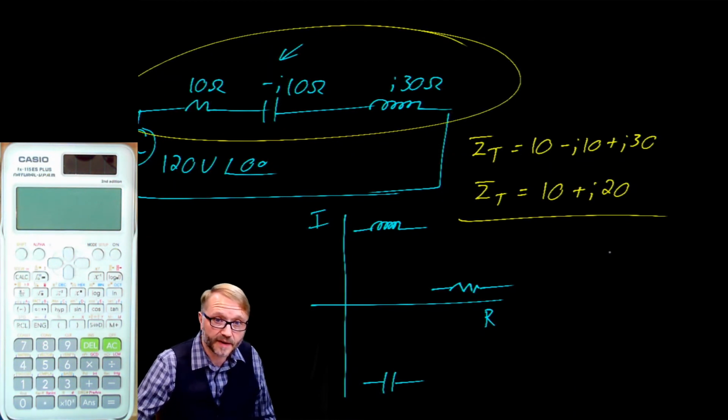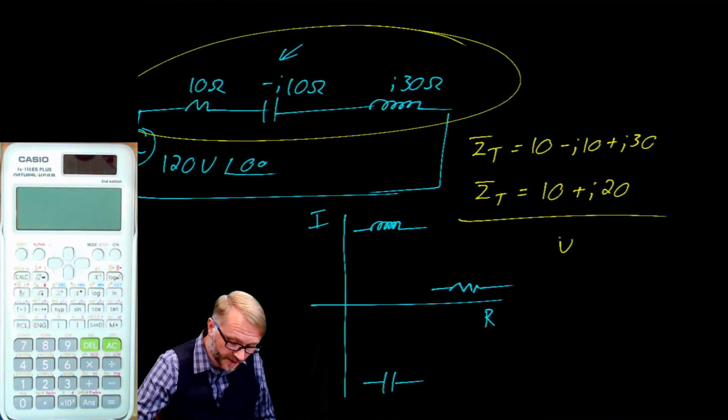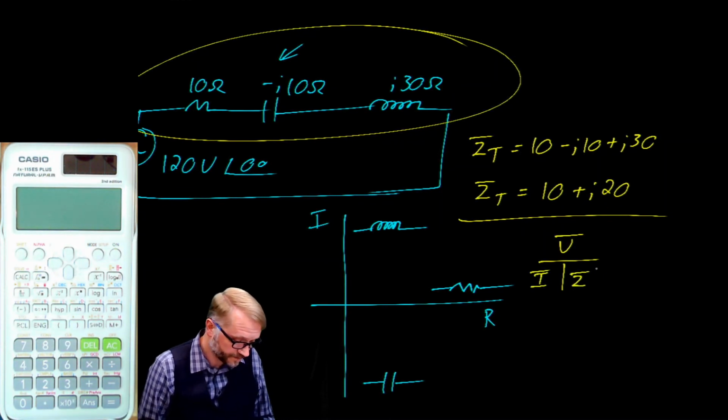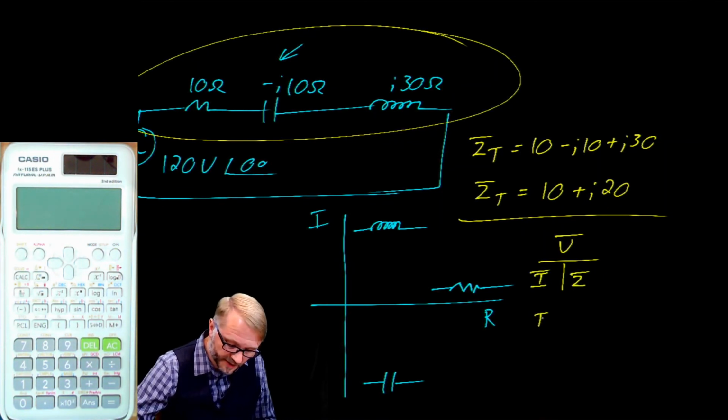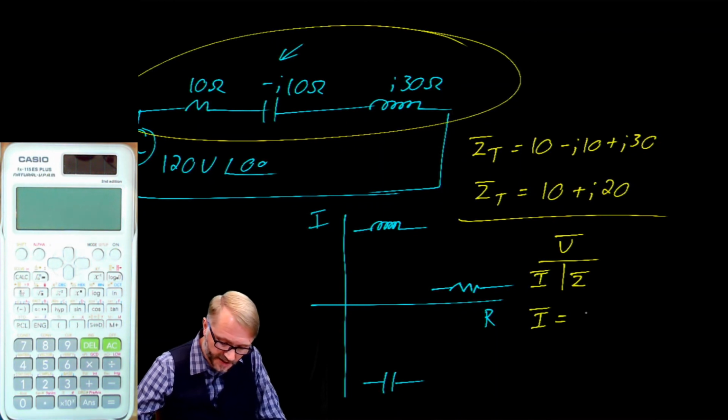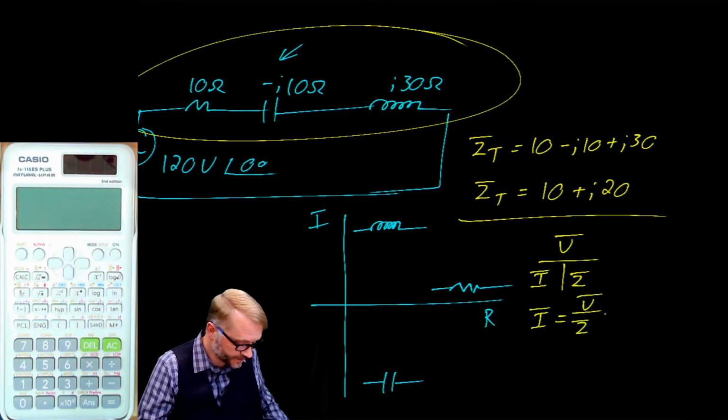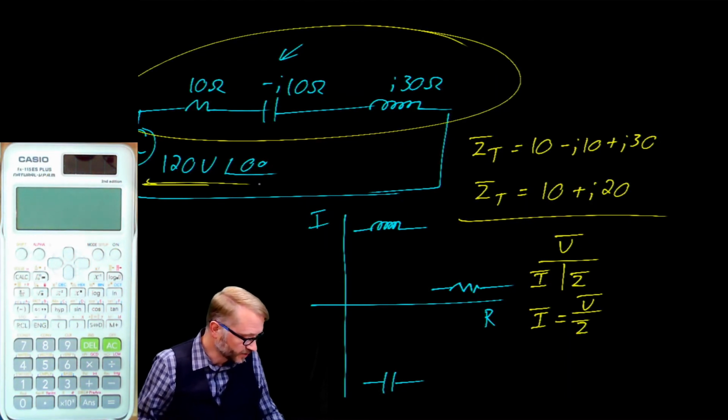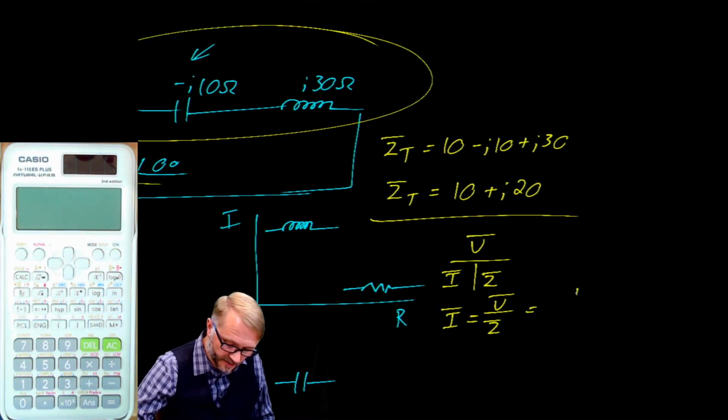If you got that far, you could use Ohm's law. You could talk about a voltage is a current multiplied by the impedance, which means you could solve for the current in this circuit as, again using the cover-up method, a voltage over an impedance. Since it's 120 volts, you could say this is equal to 120 over 10 plus j20.